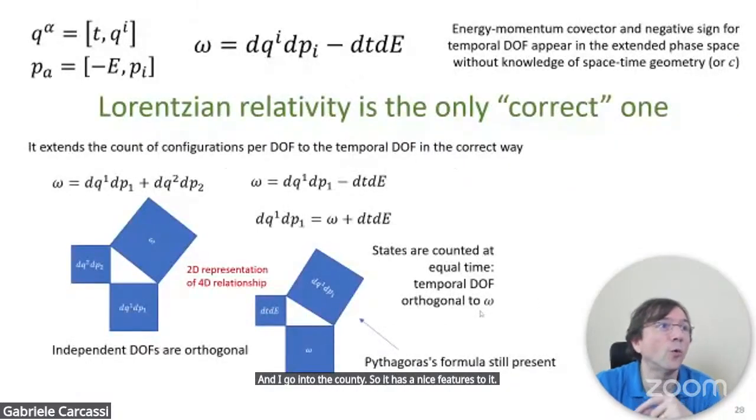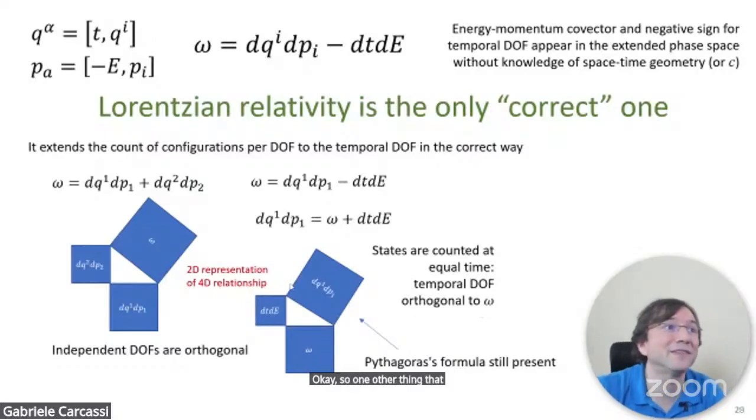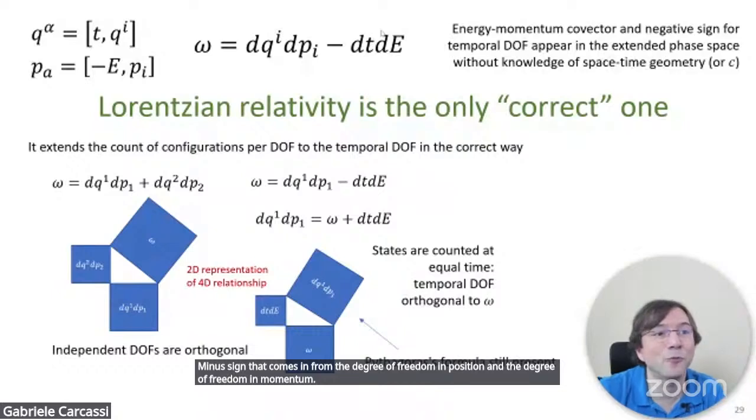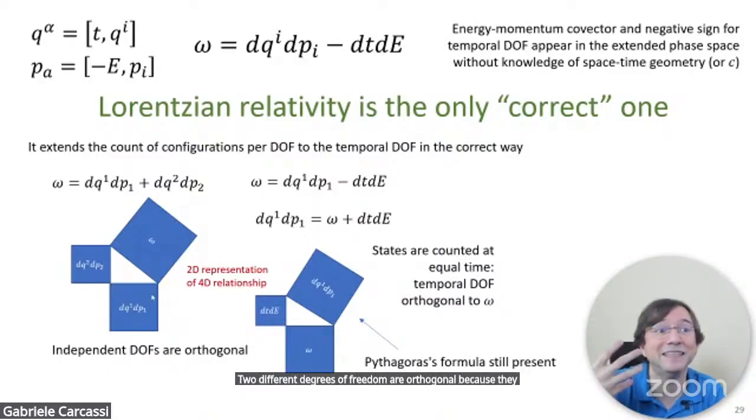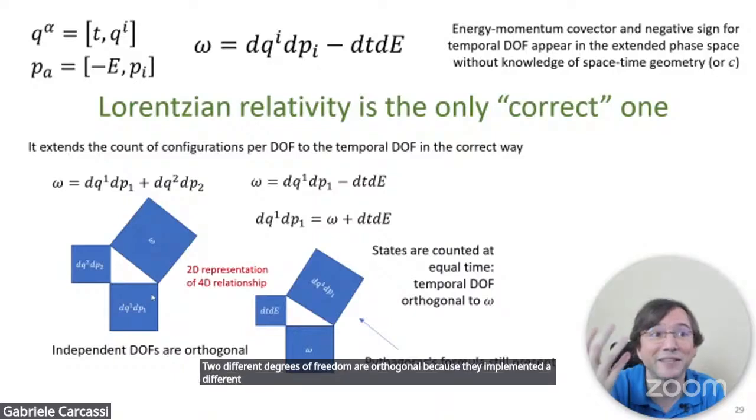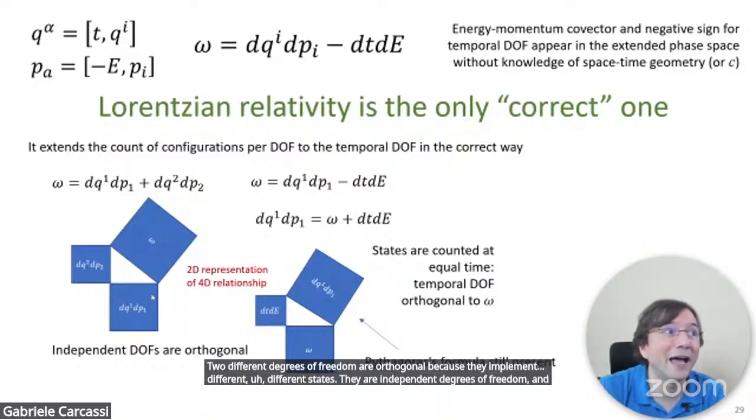Okay, so one of the things that this explains is that we see there is this minus sign that comes in from the degree of freedom in position and the degree of freedom in momentum. The way I think about it, the 2 different degrees of freedom are orthogonal because they are independent degrees of freedom, and therefore I have a plus sign between these 2, right?